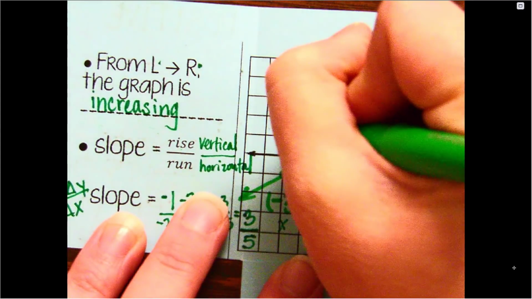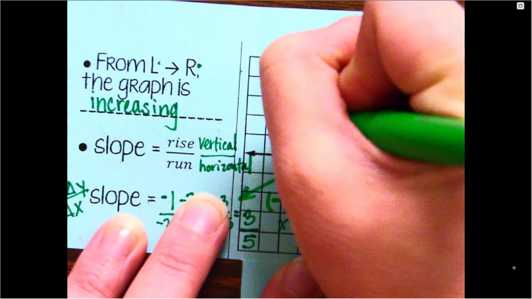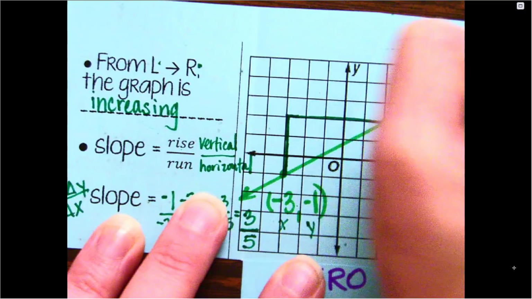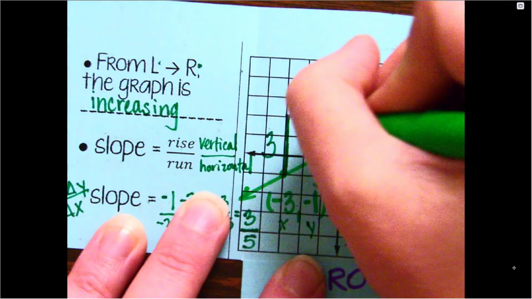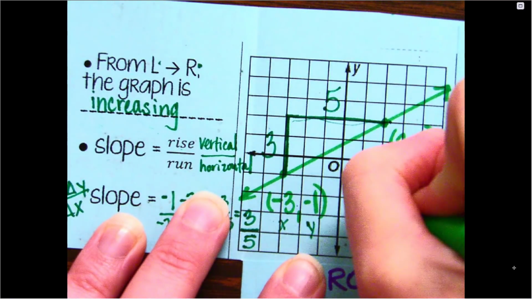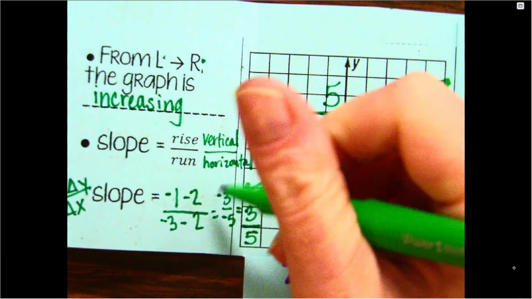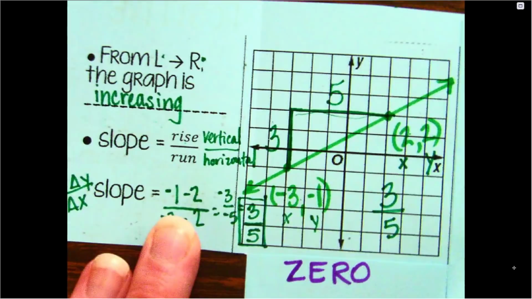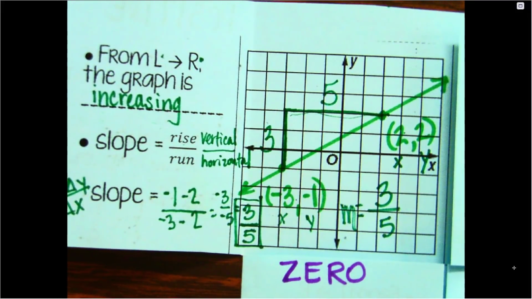So looking at this, if I trace these grid lines and make a right triangle here, my vertical change is 3 and my horizontal change is 5. So no matter if I find it from the graph or if I use the slope formula, my slope is going to be 3 to 5. 3 vertical change to 5 horizontal change.